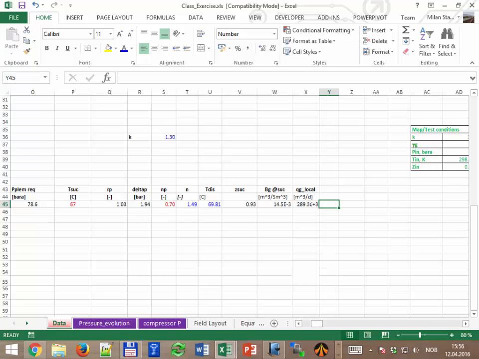What else do we need? I think we can just go and calculate the polytropic head, okay, the polytropic enthalpy, right? So we can say I want to calculate delta H P polytropic, and this delta, let's put it in, okay, not that delta, but this delta is a bit rebel.